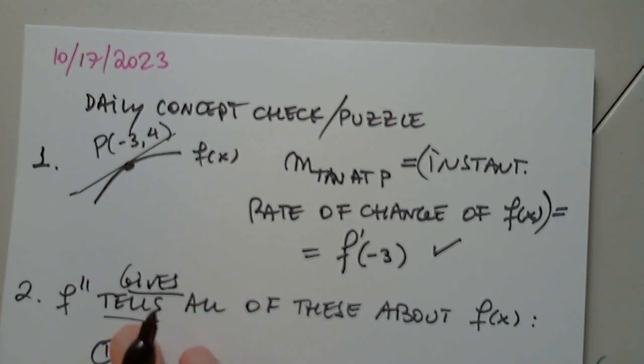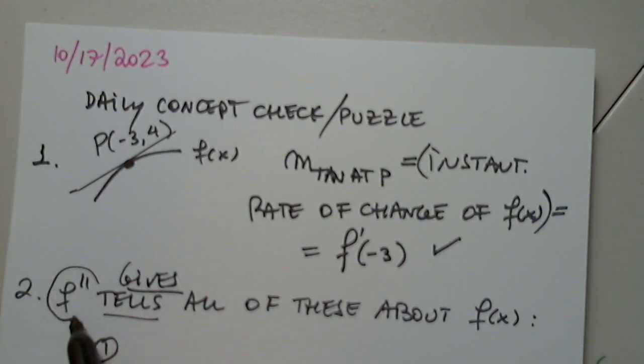What information do we get from the second derivative about the function? Anyone? I know we didn't get the chance to look at an example, but what are the two very important pieces of information that the second derivative gives?